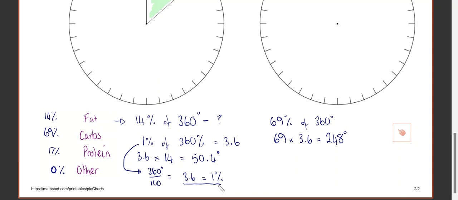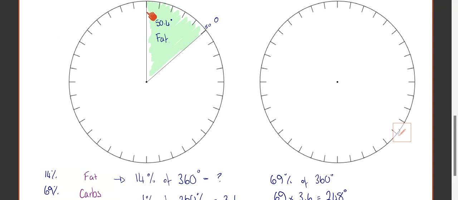Carbs is going to be big, isn't it? Yeah. 69, you're saying the right thing, it's way over half the circle. How do I know that? Because it should be more than half. Did you start the 0 here, or did you go back to here?